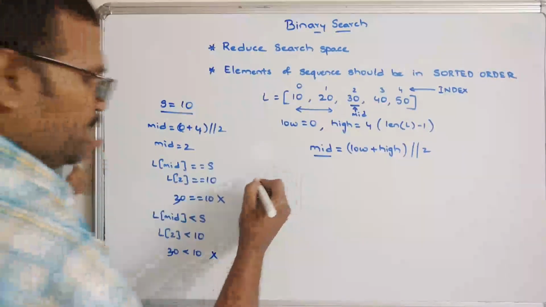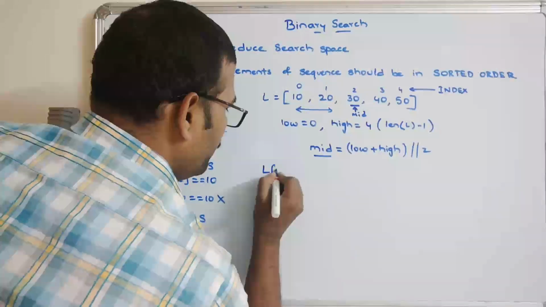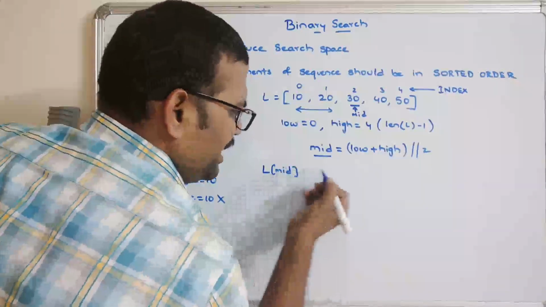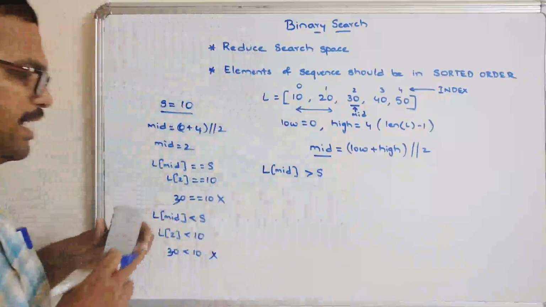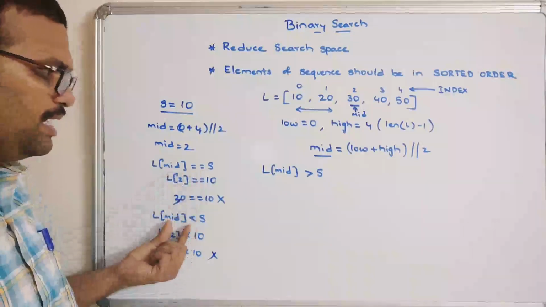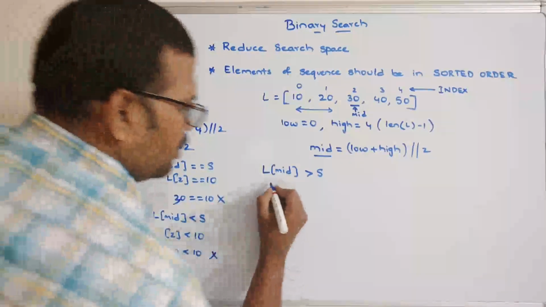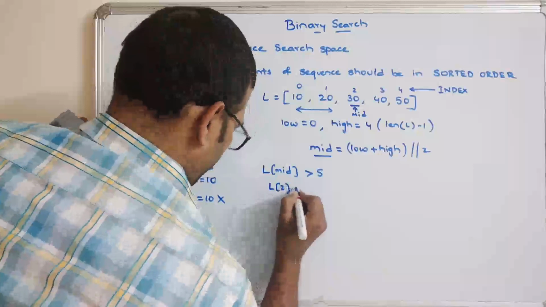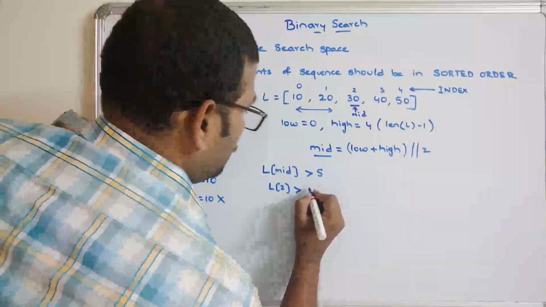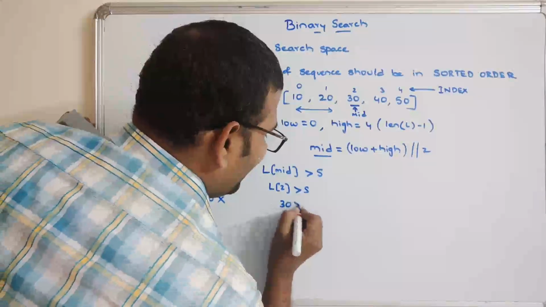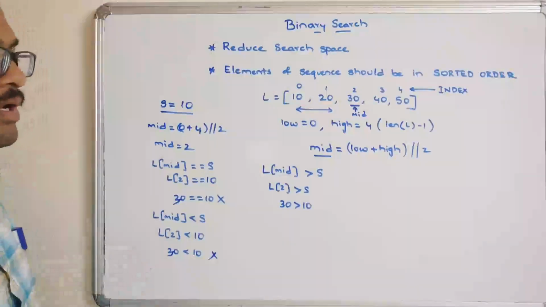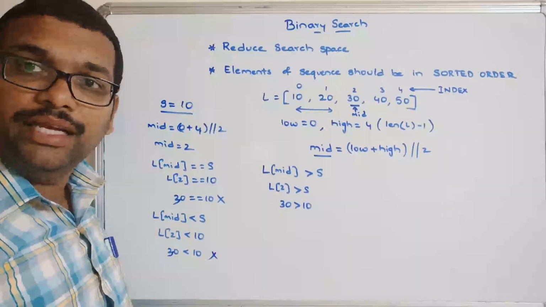No. So go with the next one. Only 3 conditions: one is equal to, one is less than, one is greater than. So L of 2 greater than S, so 30 greater than 10. Yes, correct.